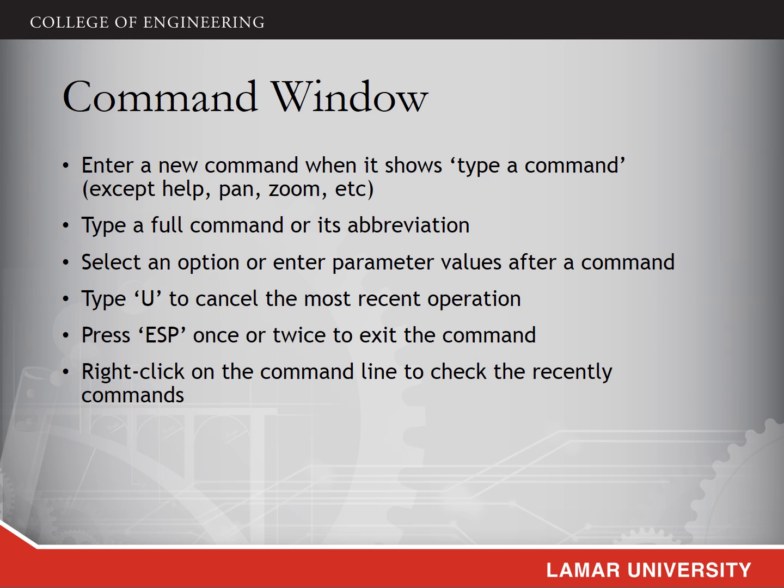If you don't want to activate that command, you can type U to cancel the most recent operation, or you can press ESC once or twice to exit the current command. You can also right-click on the command window to check the most recent commands.